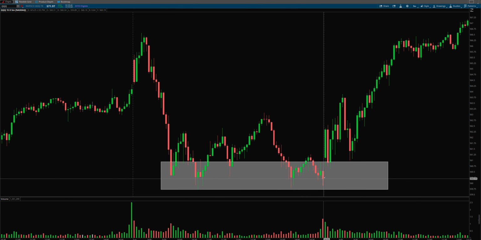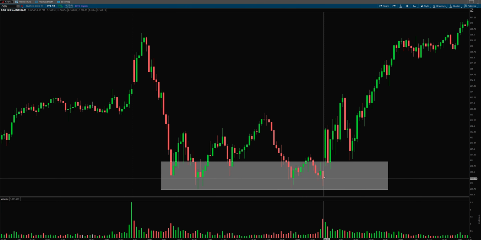And on the flip side, in a very different type of example, we have resistance. Resistance is a price zone where selling pressure overcomes buying pressure. We're going to go back to the top here. This is the QQQ weekly chart going back several years. This is the top that occurred near the end of the massive bull run in 2020 and 2021.